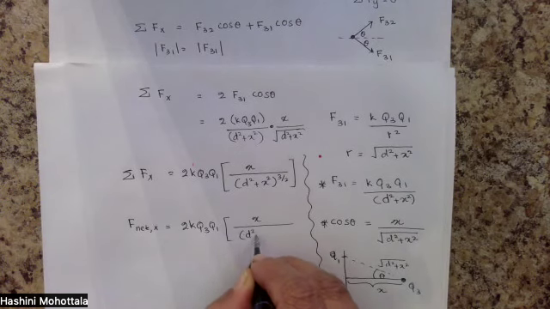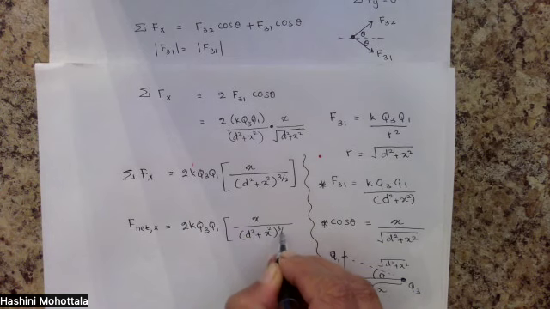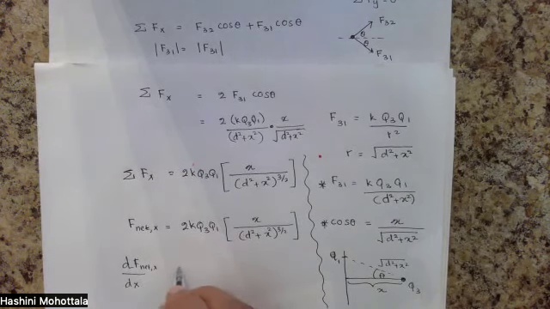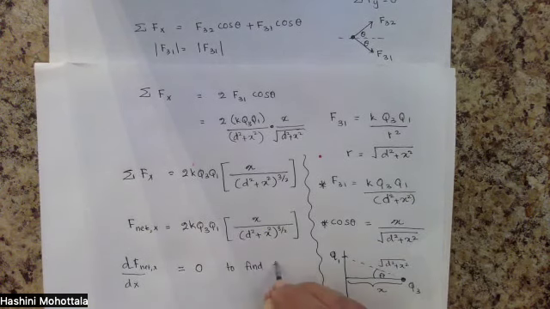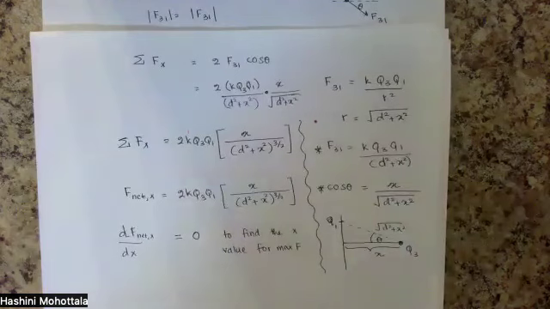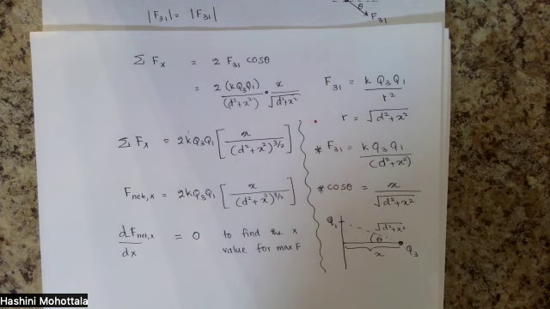So in order to find the X that corresponds to the maximum force, I am going to take dF net X by dx and then set it equal to 0 to find the X value for max force. So this is a U over V type of thing, right? A ratio. Remember the derivative of a ratio?